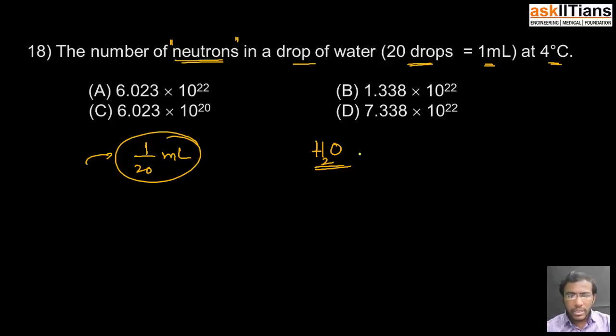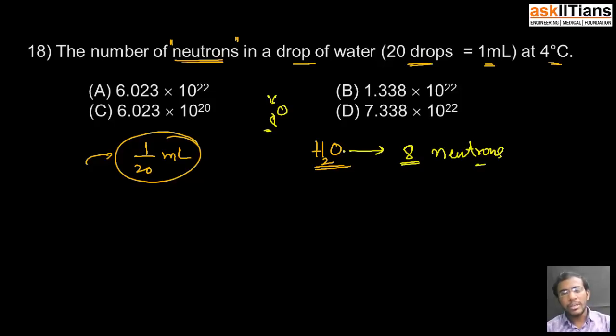H2O is formed by hydrogen and oxygen. Hydrogen is protium, so it does not have any neutrons, but oxygen is O-8-16. So the number of neutrons is 16 minus 8. So in one molecule of H2O we have 8 neutrons.